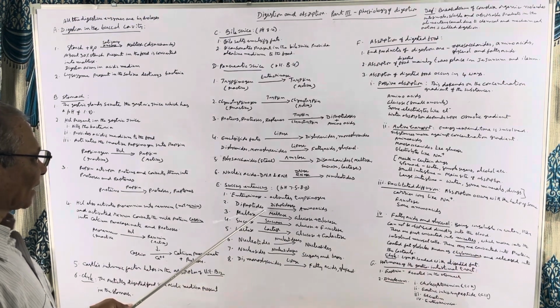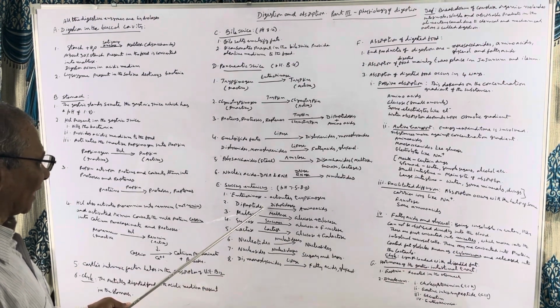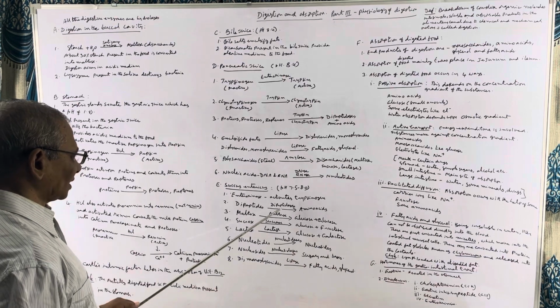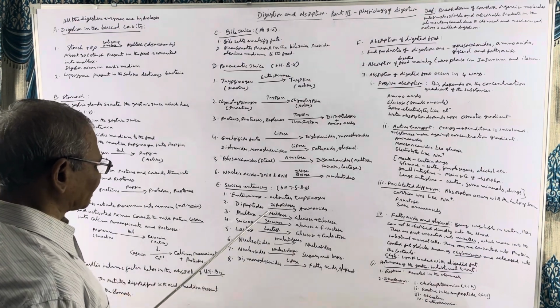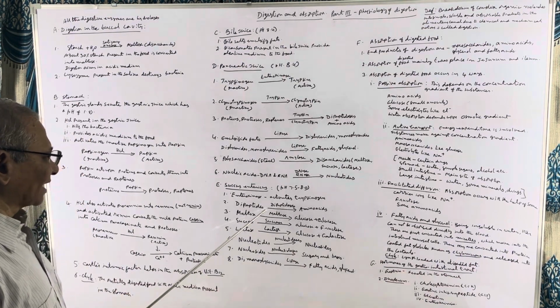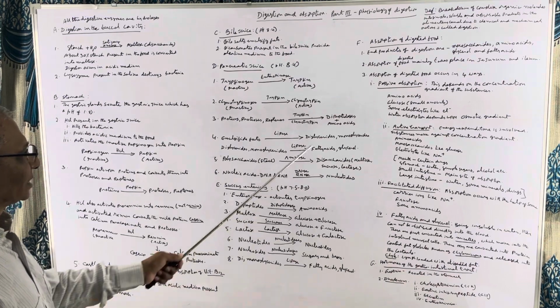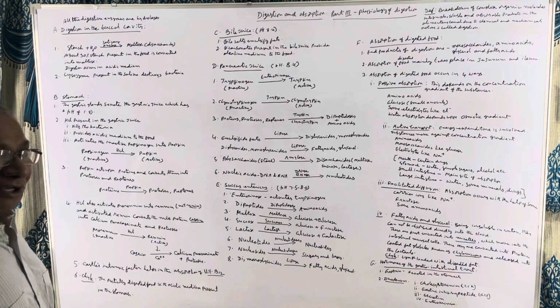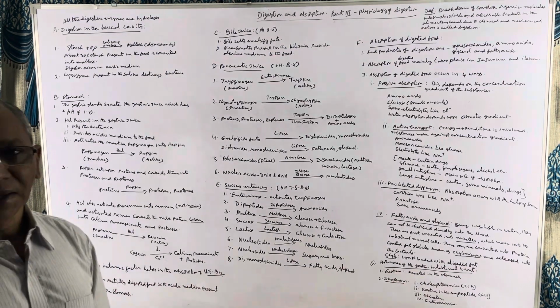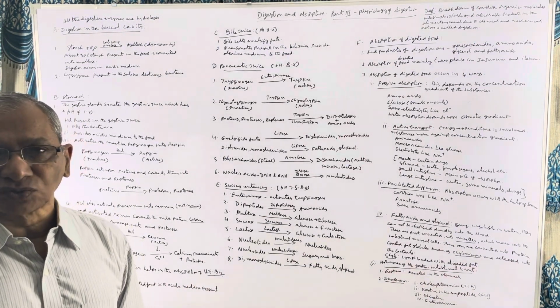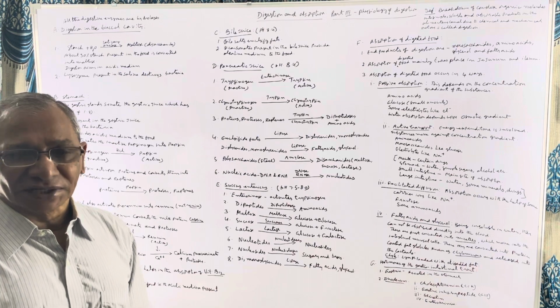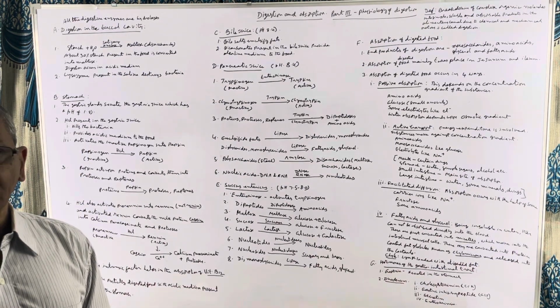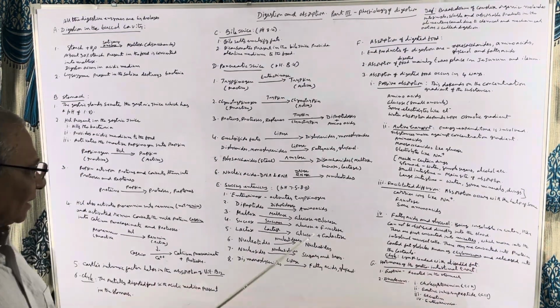Then there are dipeptidases in the succus entericus. The dipeptidases act upon these dipeptides, and the dipeptides are converted into amino acids. In this way, the proteins are ultimately converted into amino acids. Amino acids are the end products of protein digestion.